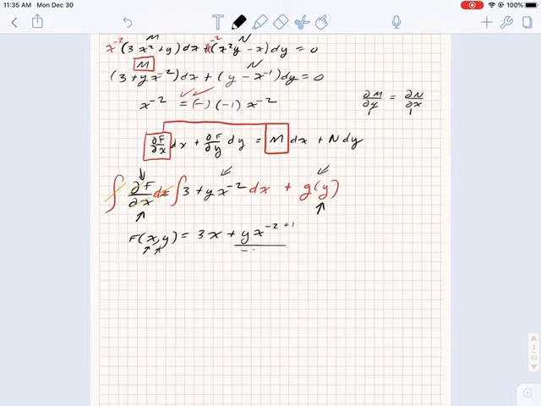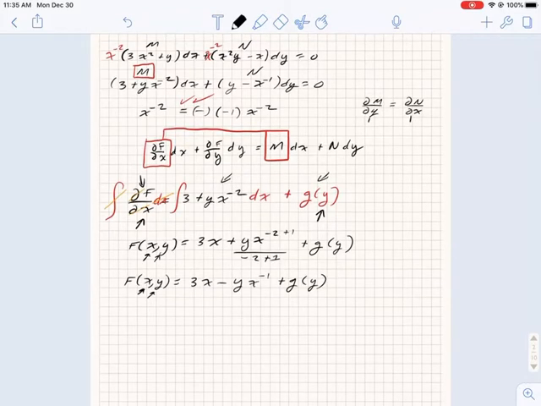And this x will be added once to the exponent, and whatever the exponent is will be in the denominator, added to some g of y function. So now we have 3x minus y x to the minus 1 plus some g of y function that we don't know is equal to some F of x and y function that has both x and y variables in it.